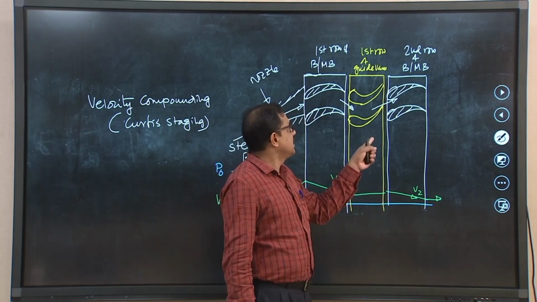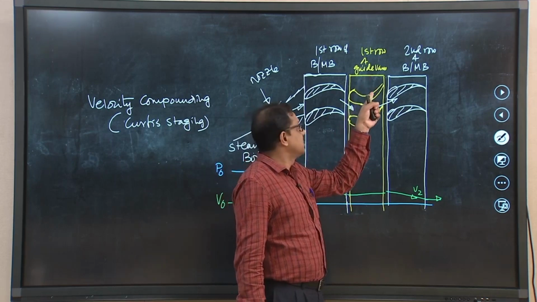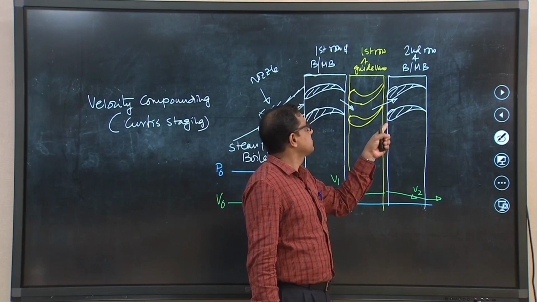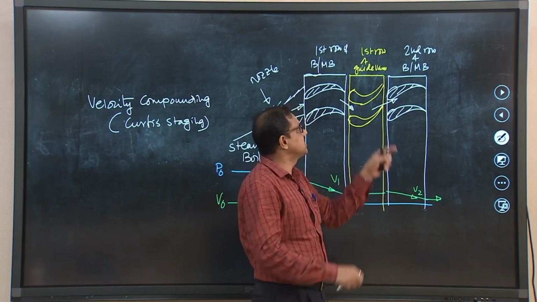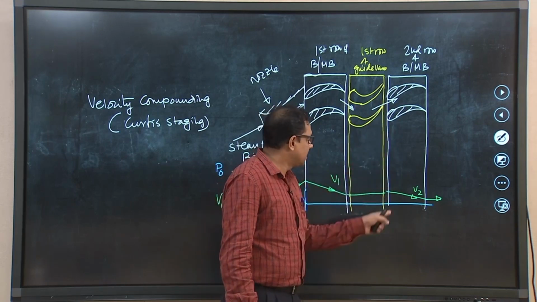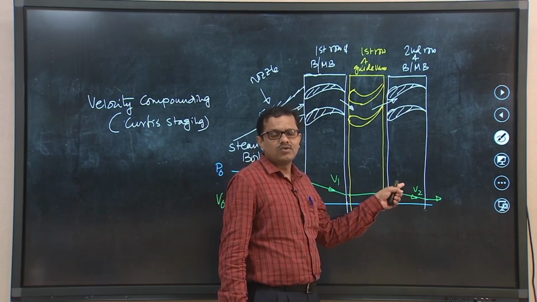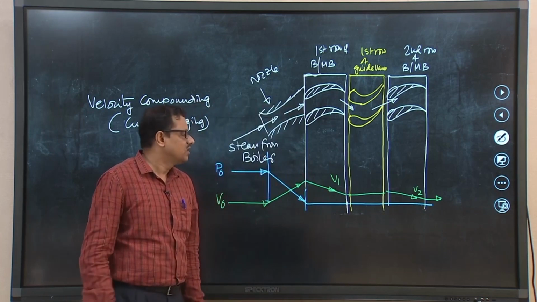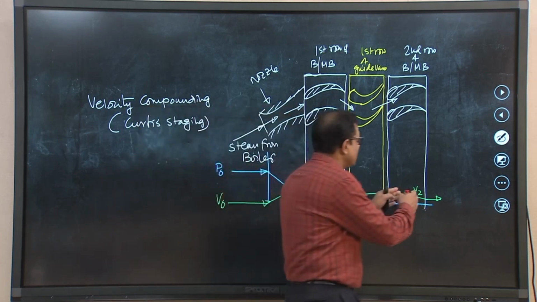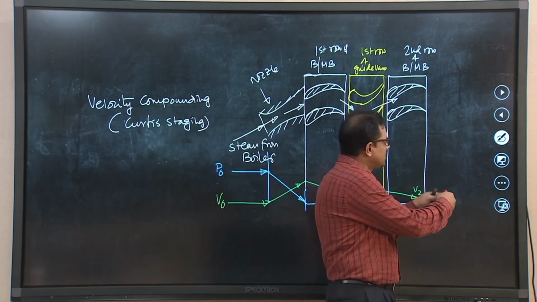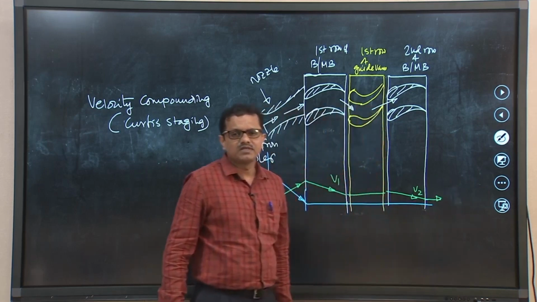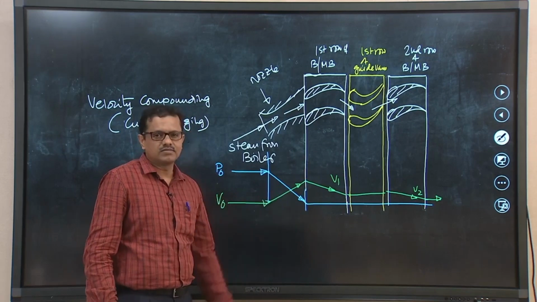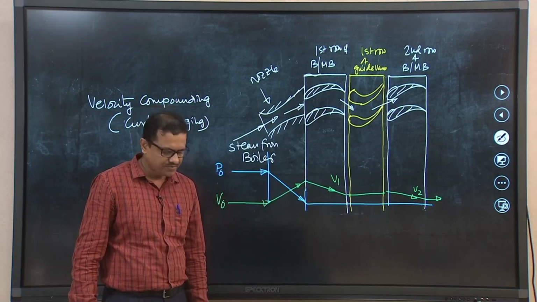The steam jets leave the first row of guide vanes and enter into the second row of moving blades, and again the steam jets work on the second row of moving blades, and so on. That process will continue depending on the number of stages which is needed for the turbine unit.